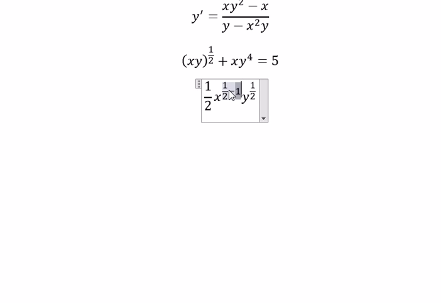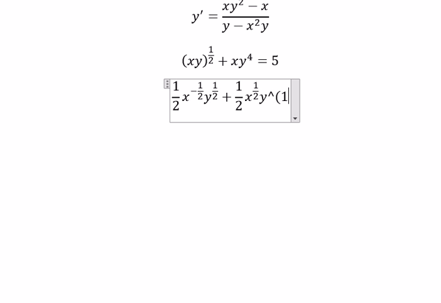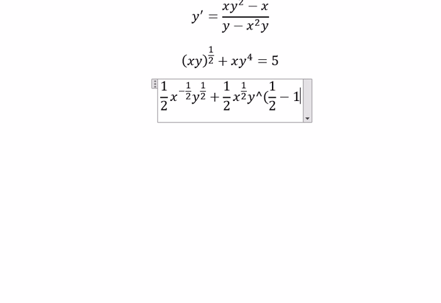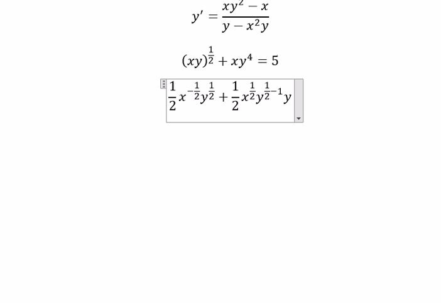This one you get negative 1 over 2. Similar for y, you get 1 over 2 here, and we have y to the power of 1 over 2 minus 1, and the first derivative of y. This one we change to negative 1 over 2.